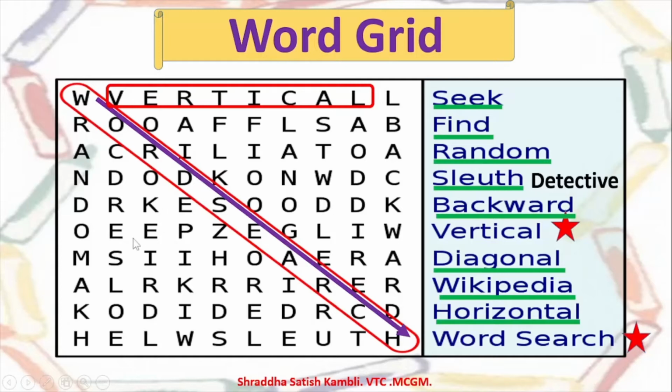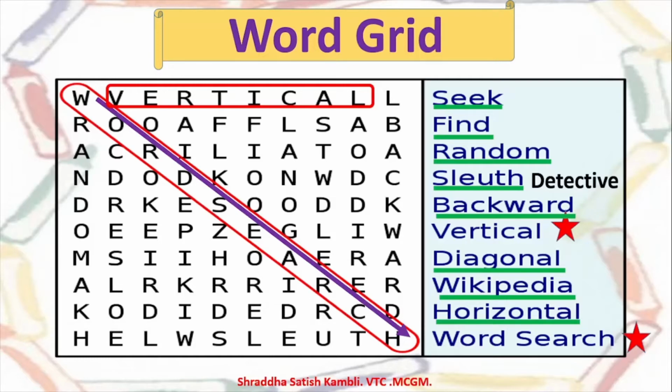I will show you where seek is. See here, S-E-E-K, seek. Now you will have to sit and pause the video and try and find out all the words here. Okay, so that is your job. That is a kind of a small exercise that I am giving you.